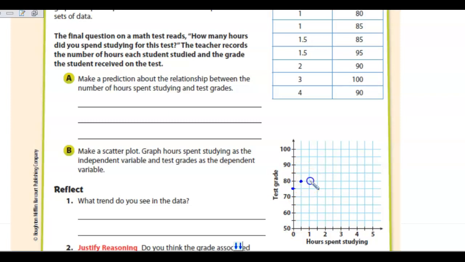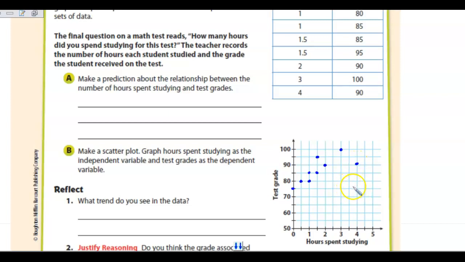And then at 1 hour, I had 85. At 1.5 hours, I had 85. At 1.5 hours, I also had a 95. 2 hours at 90. 3 hours at 100. And at 4 hours, I had a 90.